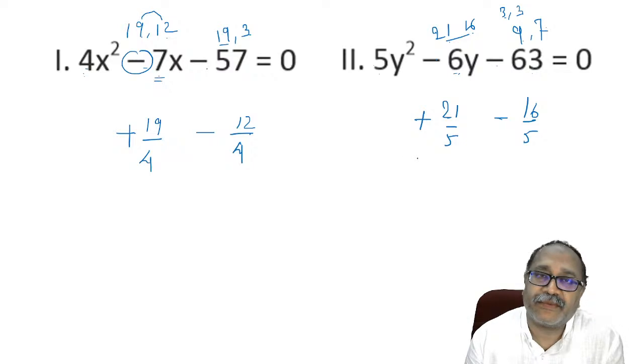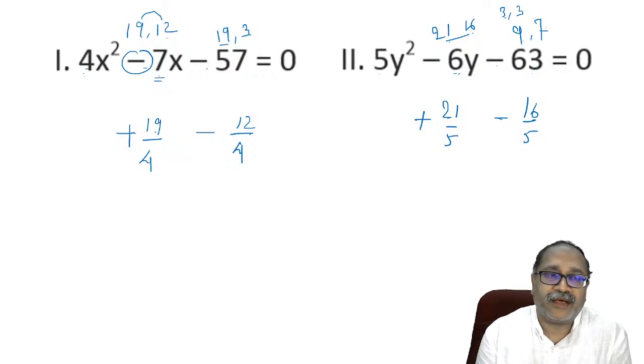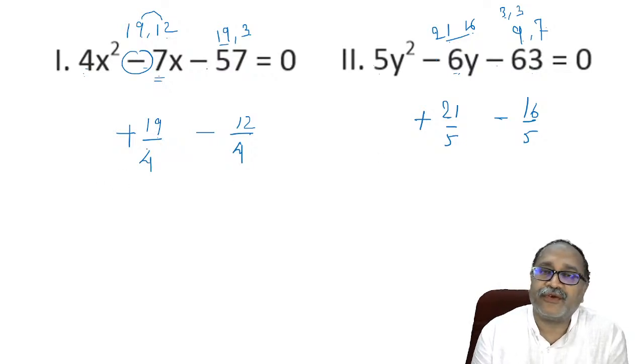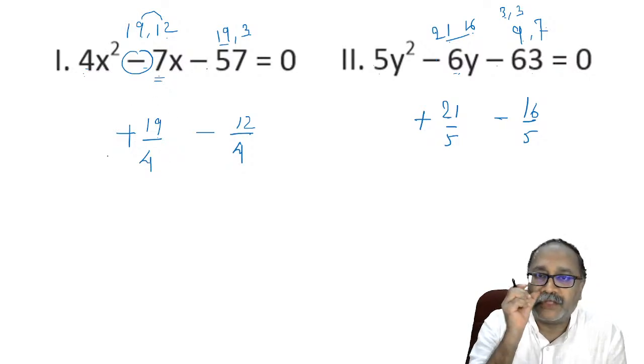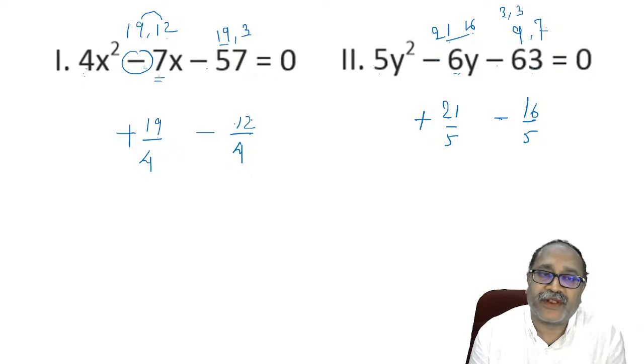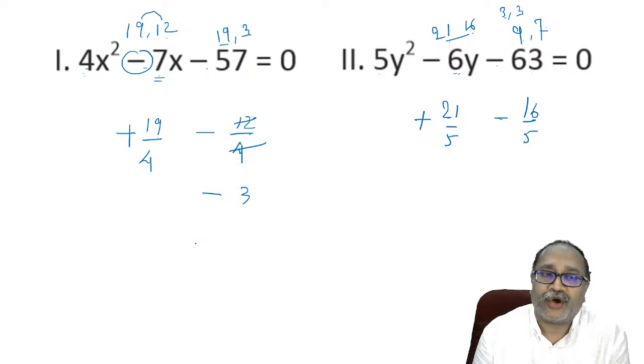Now comparing these numbers. How do you compare this one? This is positive. If you want, you can take it as an integer, or you can work out with the fraction itself. I can see that this number is minus 3. Now compare this positive with this positive.